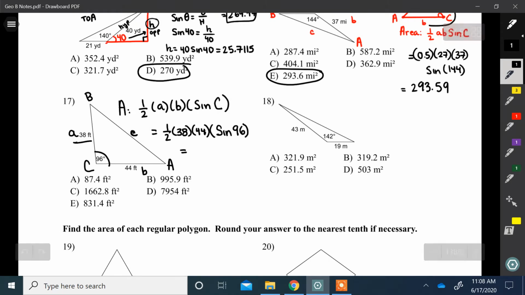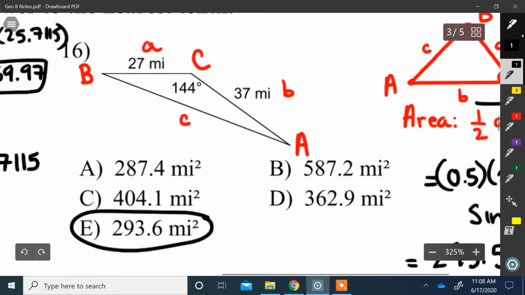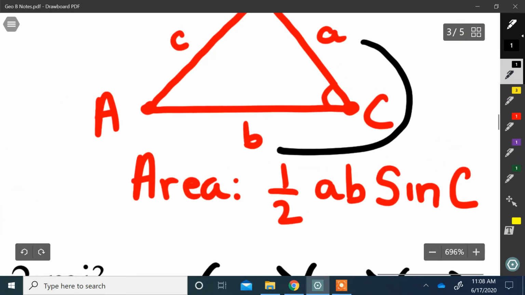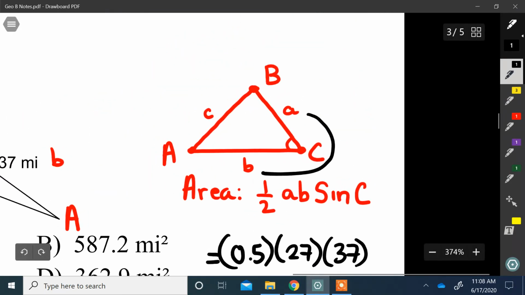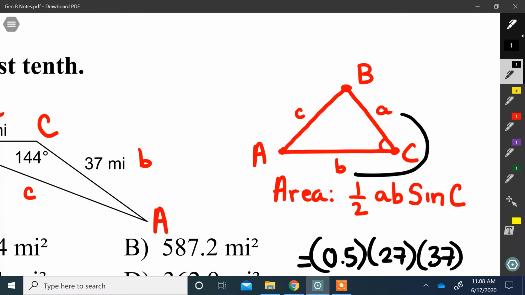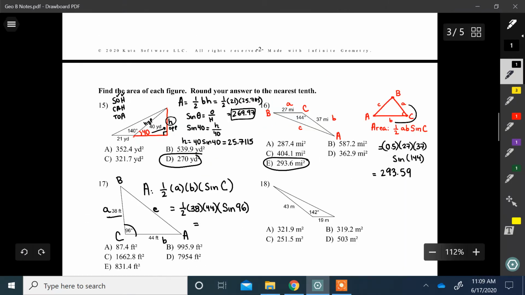And I'm gonna have you do 18 on your own. So again, if you didn't write this formula, here it is one more time. You could also look for it. It's called the non-right triangle formula, and it's very helpful. Okay, all right, let's move on.